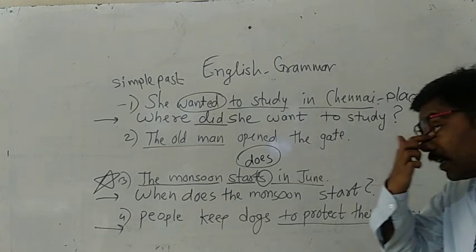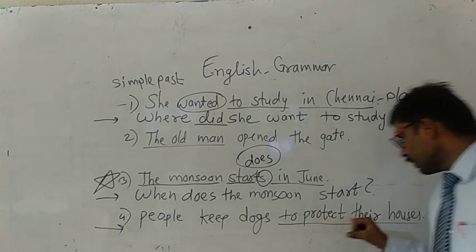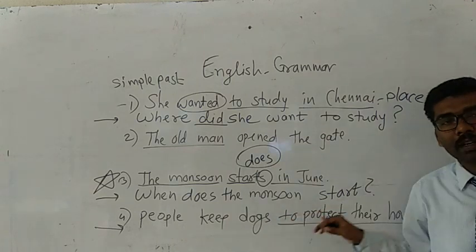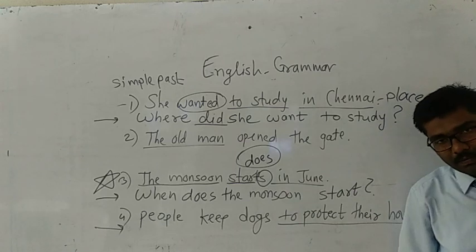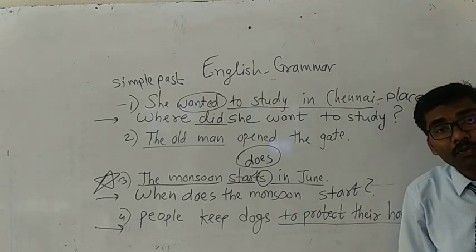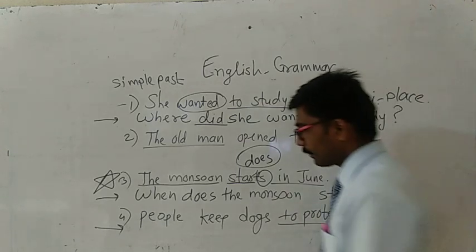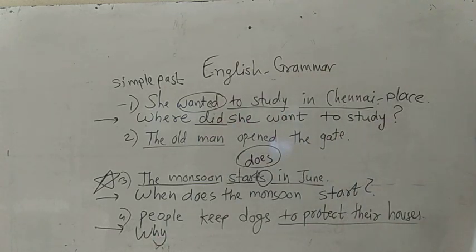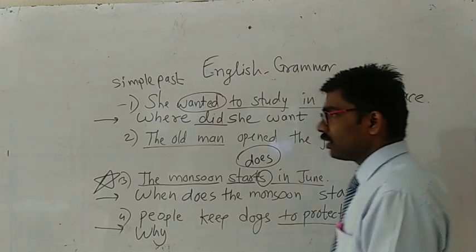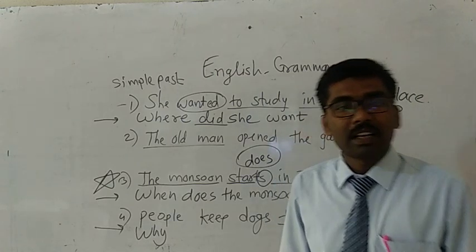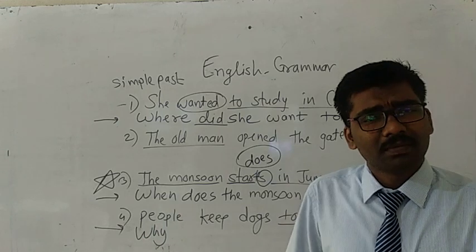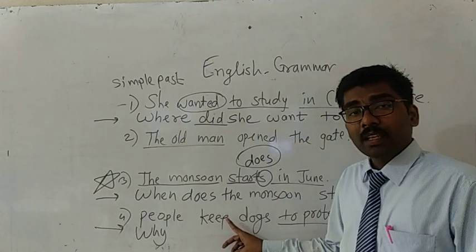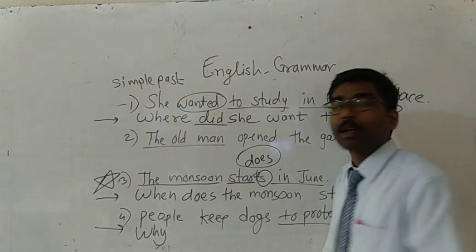Okay, so here dear students, to protect their houses, people keep dogs to protect their houses. Reason is there. So for reason we use why. So why is the WH word. And Tejas, does is wrong, because here keep is the verb and keep is without s, so do will come.